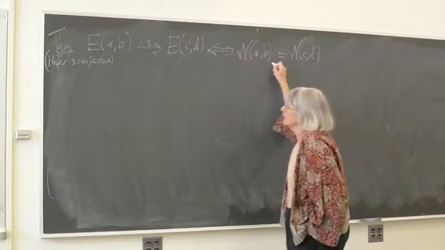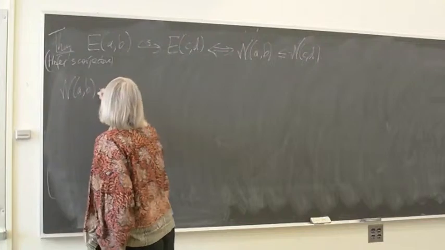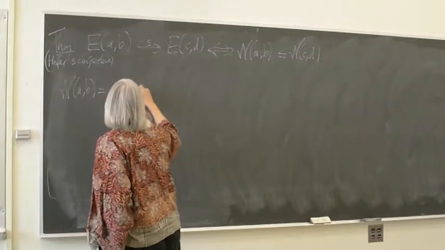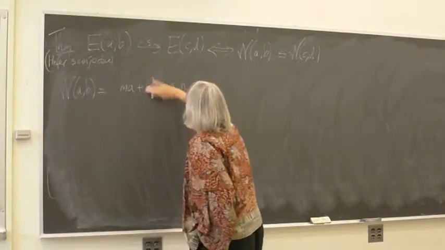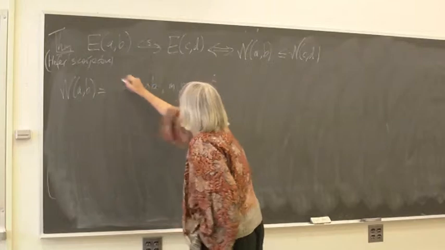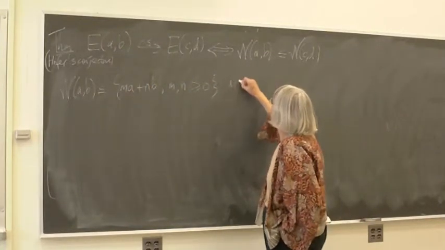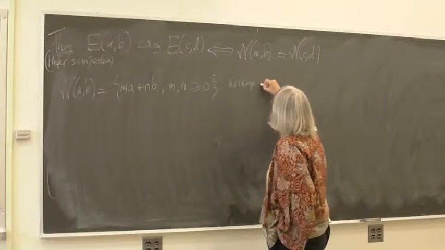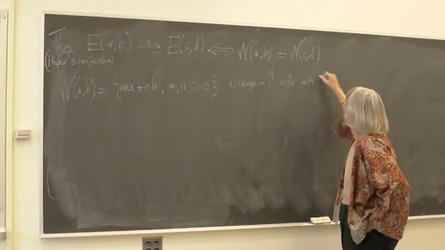Now, what are these numbers? Well, N(A,B) is the set of numbers you get by taking MA plus LB, for M and L say integers. You take that set of numbers with multiplicity, so you arrange them in increasing order with multiplicity.